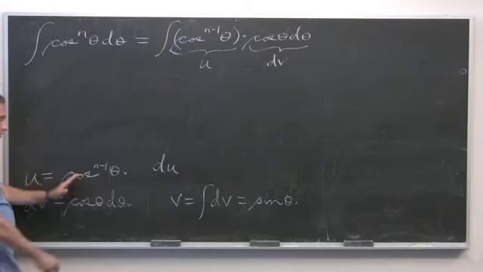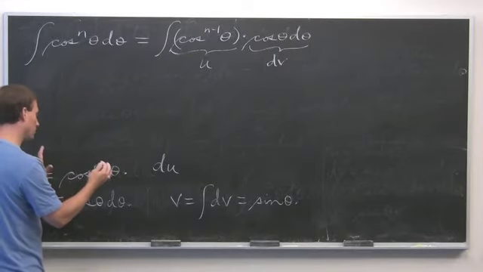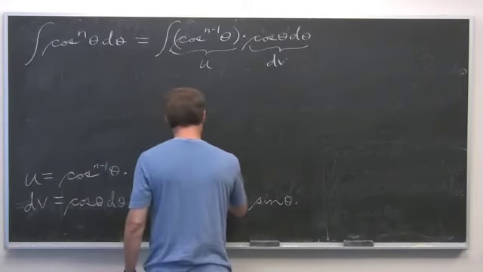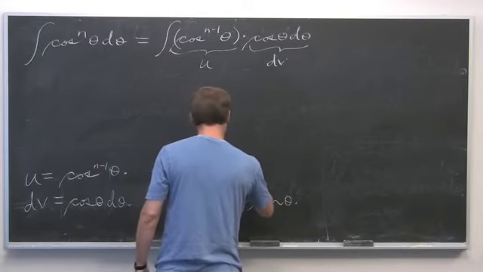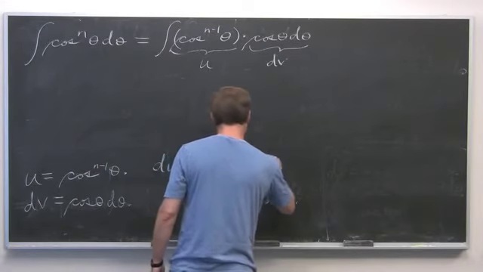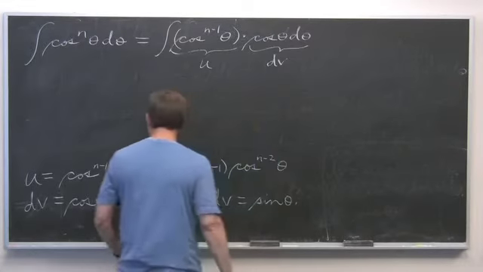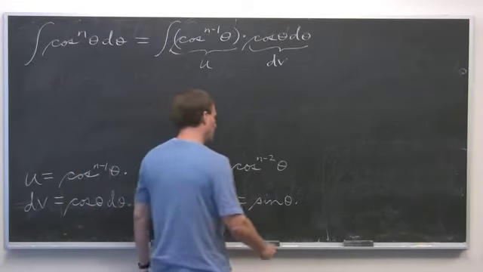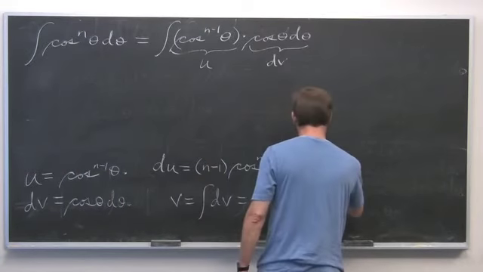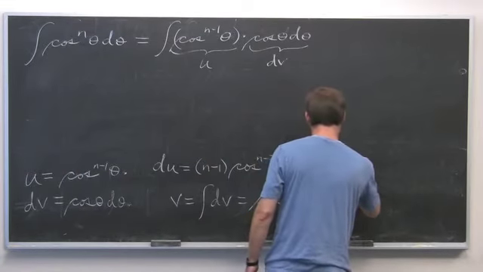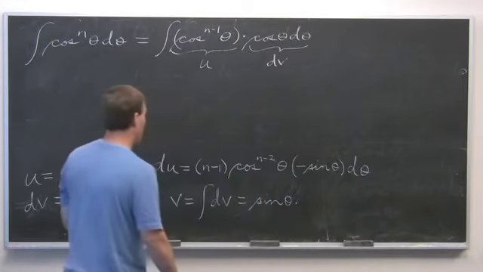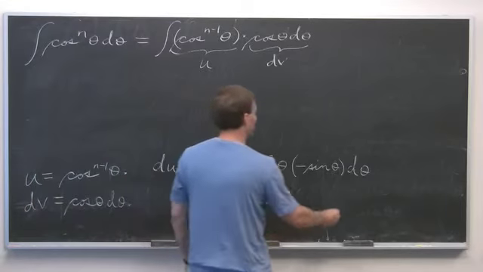This is cosine of theta raised to the n minus 1 power, and so it's the chain rule. You do the power rule first, so you get the n minus 1. You subtract 1 from the exponent, so you get an n minus 2. But then by the chain rule, you have to multiply times the derivative of cosine of theta. The derivative of cosine of theta is minus the sine of theta. And then there's still a d theta here. All right, so there's du.